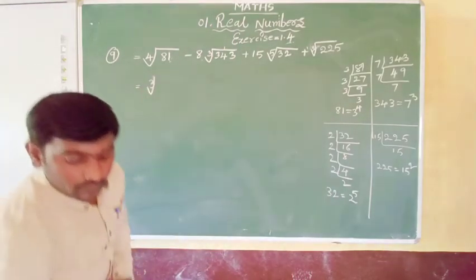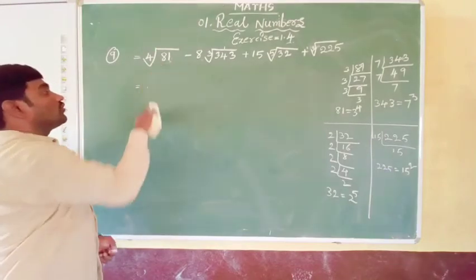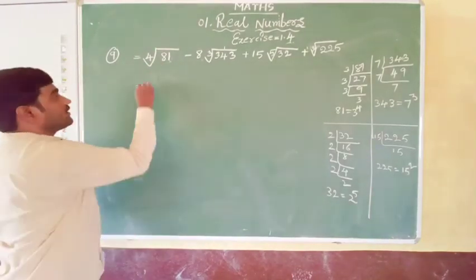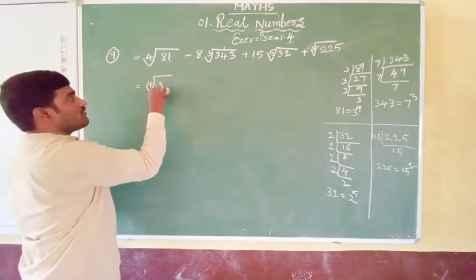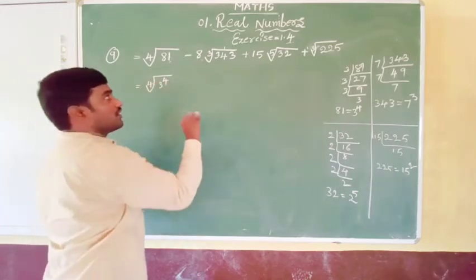4th root of 81 we can write as 4th root of 3 to the power of 4. That we have to do in rough work.